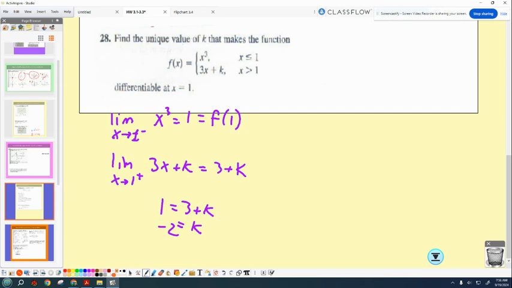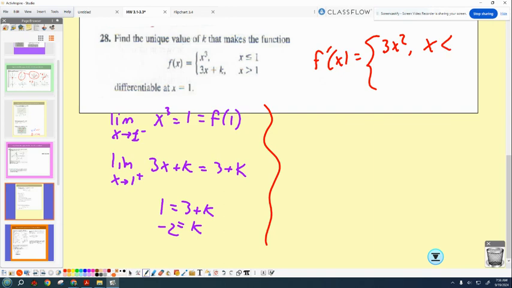Which makes this a stupid question because what's the derivative of this piecewise function? What's the top part of the derivative? 3x squared. And I'm just going to say for x less than 1, I'm not going to put the equal sign on there yet. And the derivative of the bottom part?